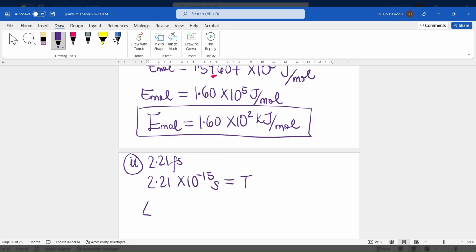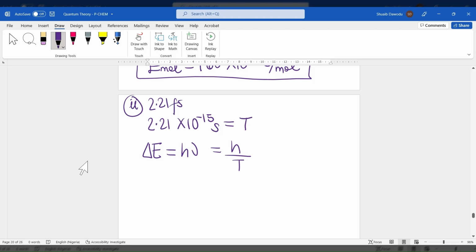And remember, when we rewrote the formula, we saw that the energy of quantum is equal to hv or h divided by T, where T is the period and v is the frequency. So change in E is equal to this one here. So we have the Planck's constant 6.6.